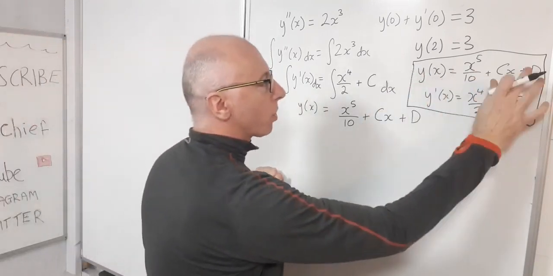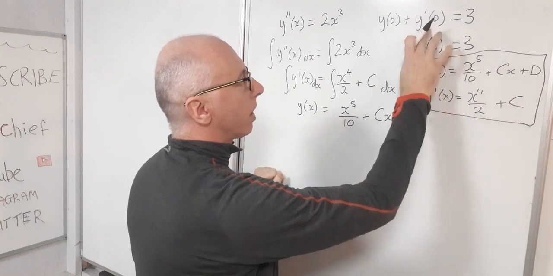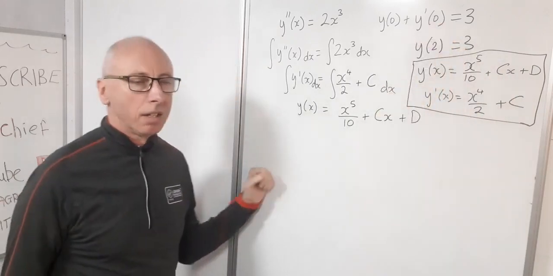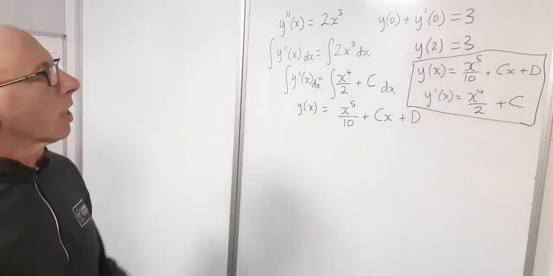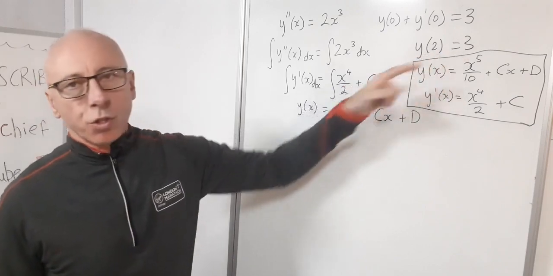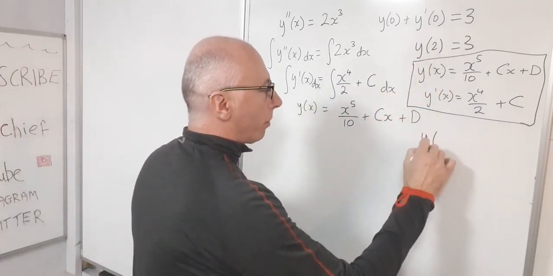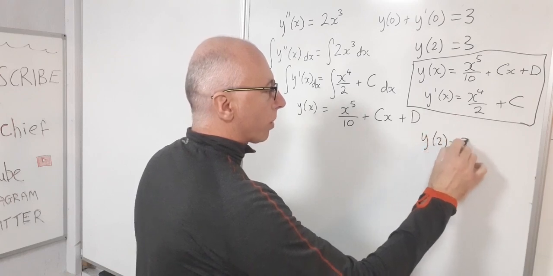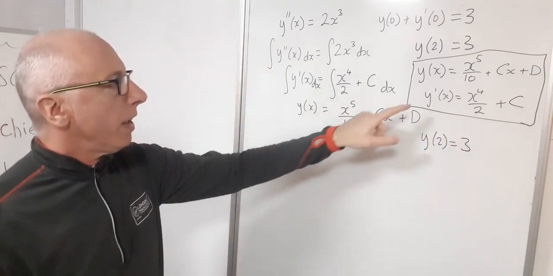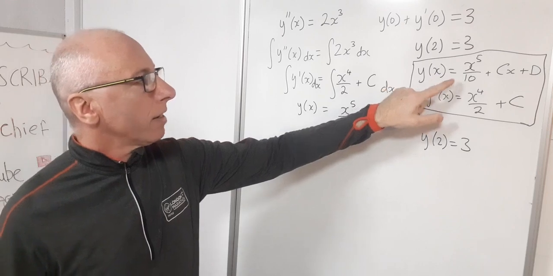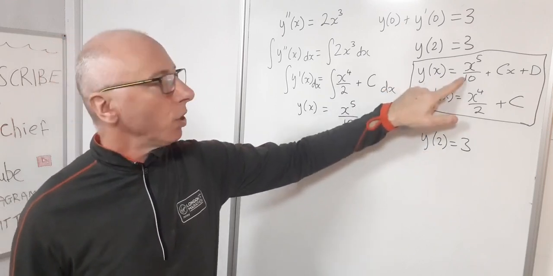Okay, so that's my two equations that I'm going to need to find my solution. So here's my general solution, but I think we can find c and d from these conditions. Let's see what happens. y(2) equals 3, that's the easiest one to work out first. So wherever I see an x I put in a 2.